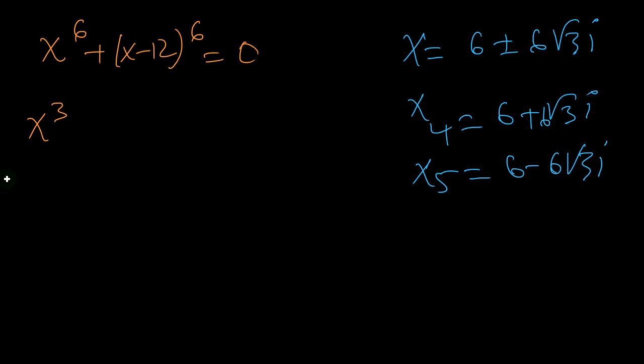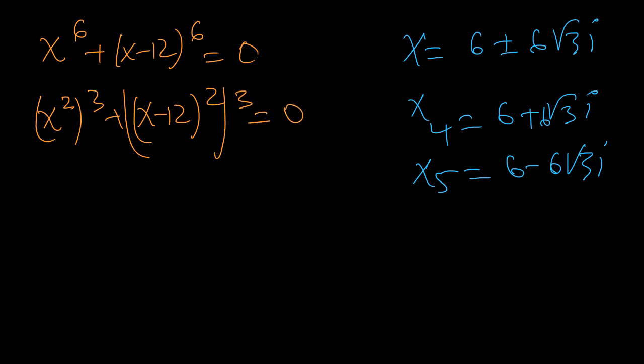To simplify this, I'm going to say that this is x squared to the power of 3 plus x minus 12 squared to the power of 3, and this is 0.